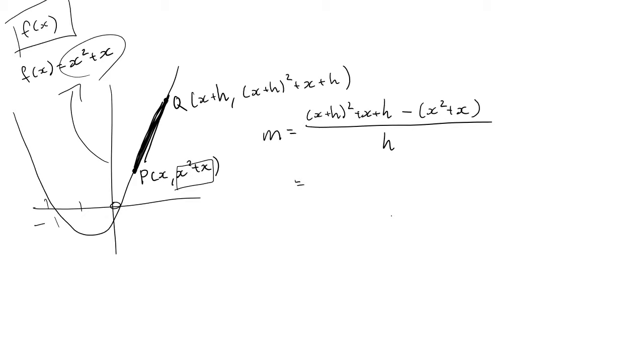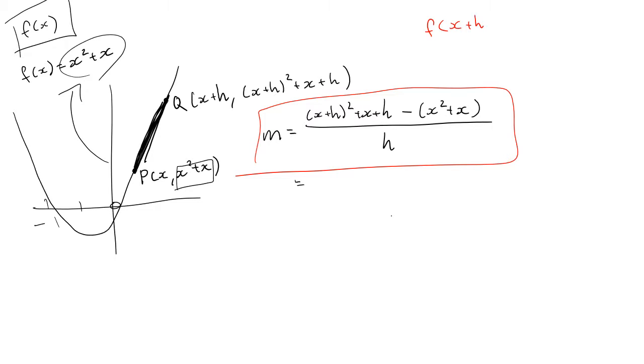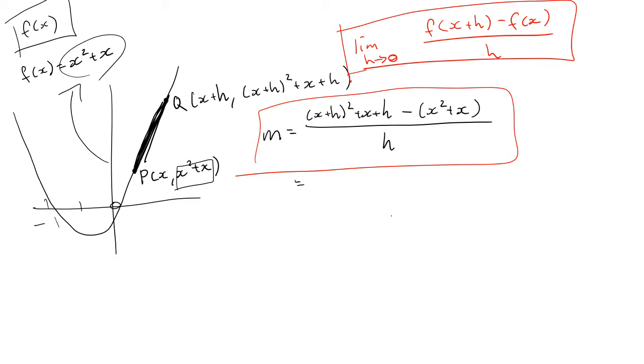Okay. Now this is called the first principles. So the formula f of x plus h minus f of x over h, where h is approaching 0. That is the formula for the first principles. Now we should put limits here.